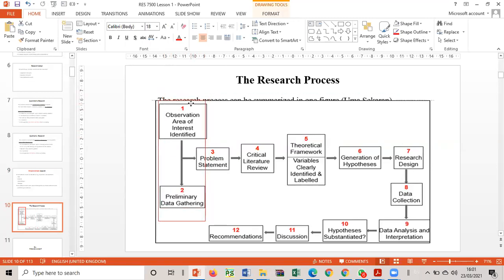Thereafter, what the initial gathering says, what problem can be solved, the problem statement, and then the literature. From this, you develop your chapter 3, which is methodology.